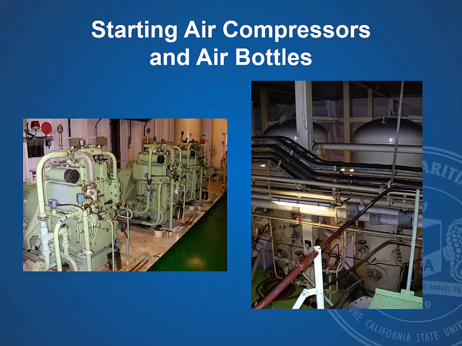And we will talk in a minute about the emergency air compressor. So just realize that you're going to have at least 2 of these start air bottles, and in the case of big slow speeds, these can be very, very large receivers.